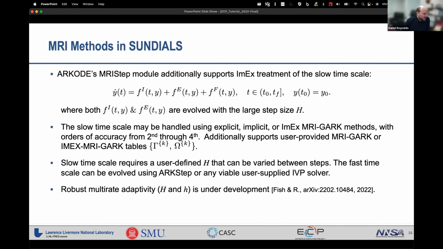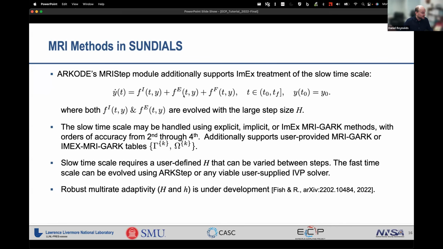So in Sundials, we have these inside of ARKODE, inside the MRIStep module. And that supports explicit treatment of the slow time scale, implicit treatment of the slow time scale, or even IMEX treatment of the slow time scale. Here the idea is you have your fast dynamics, whatever that is, but the slow you can decompose into implicit and explicit components. As we'll see in the demonstration code a little later, FI could be diffusion, that it's stiff, so you want to solve it implicitly, but it doesn't really propagate super rapidly.